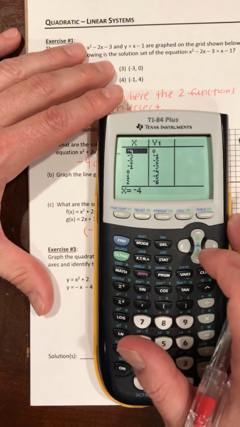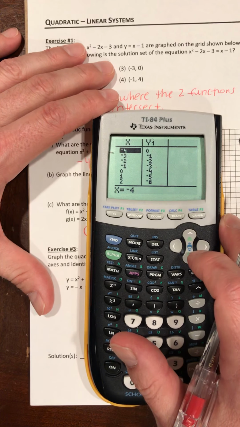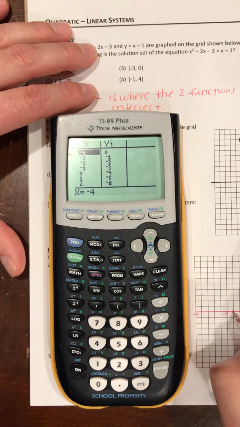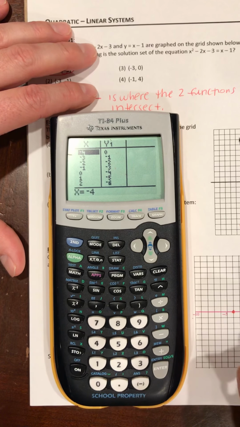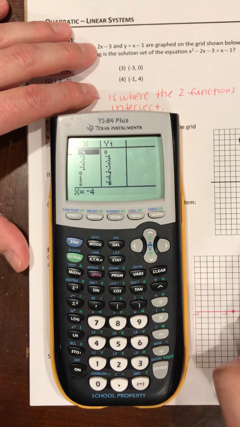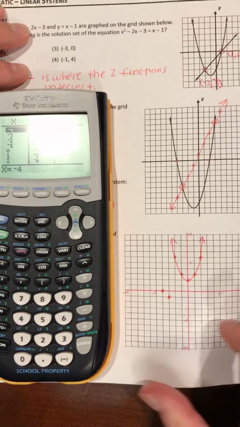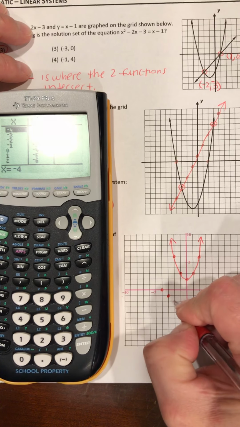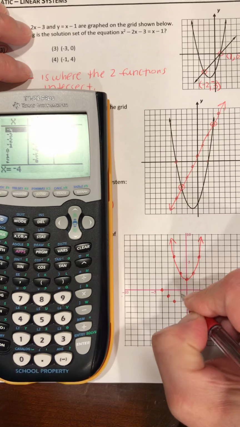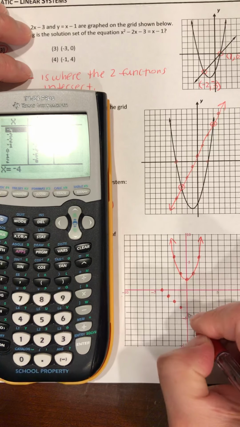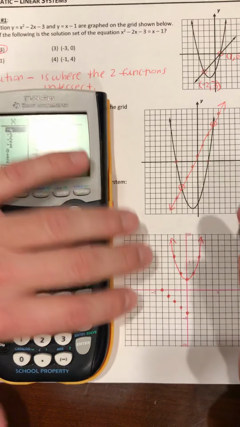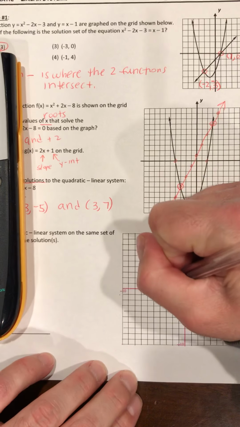So we got negative 4, 0. We got negative 3, negative 1. Negative 2, negative 2. Negative 1, negative 3. 0, negative 4. I think you can see that we have enough points. I'm going to connect the dots.